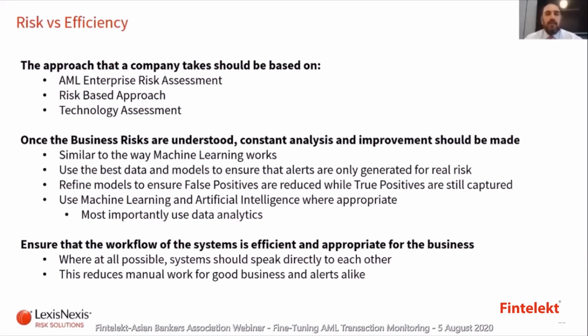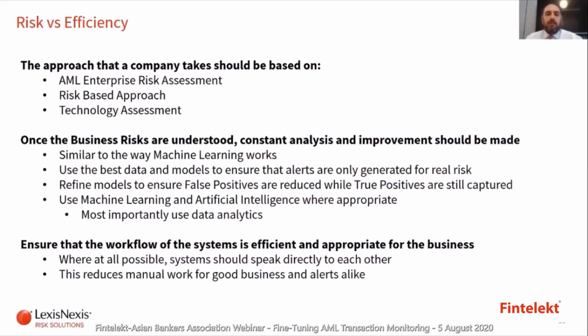You need to be constantly refining those models to ensure that the false positives are reduced while the true positives are still captured. And you need to use machine learning and artificial intelligence where appropriate. I just discussed the machine learning model. This is really important. And it's really important to use data analytics to determine which alerts your algorithms are raising that are appropriate and which ones are not, or false positives, so that you can tune your model to find more of the true positives and less of the false positives.